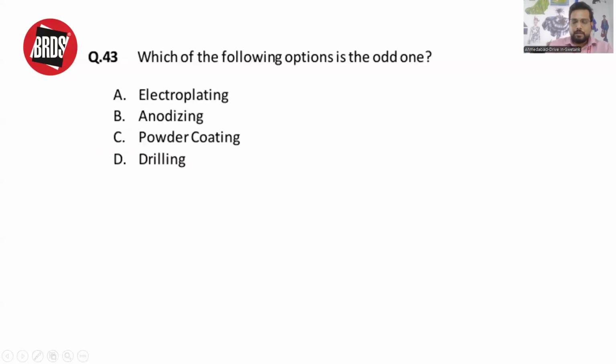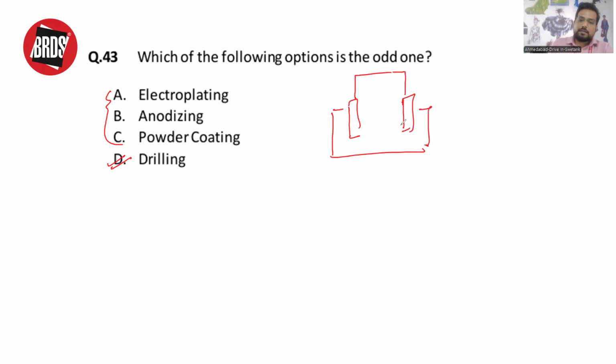Again, a question based on general awareness. Which of the following options is the odd one? The correct option is D, drilling, which is a process of making a hole for a particular purpose, while all the other processes are processes of coating a particular element. In electroplating, we keep it in a liquid like this, where one of them is positively charged and the other is negatively charged.